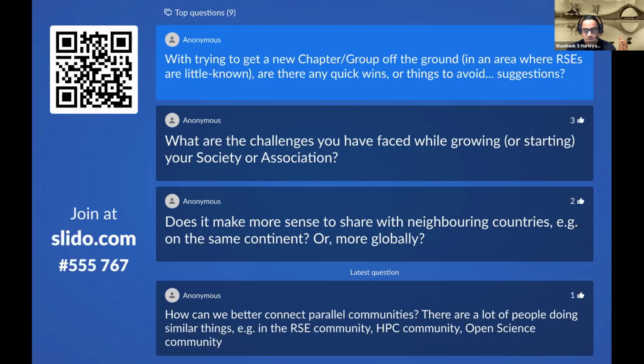Letting it be more publicly known at other conferences such as HPC conferences, and then bringing them together to form a panel as a quick start, and then start as a grassroots movement. First building the people together, and then forming a chapter or an RSE association. I think we have more input from Jano.